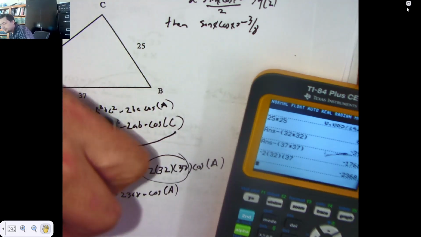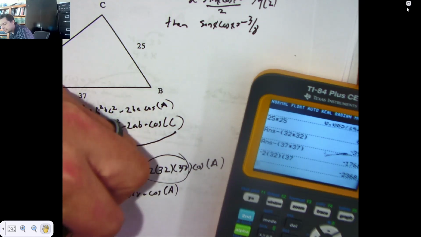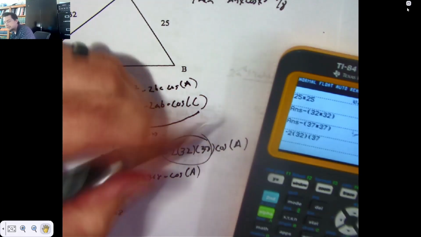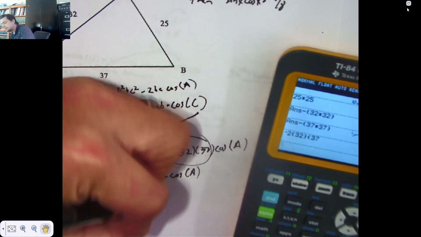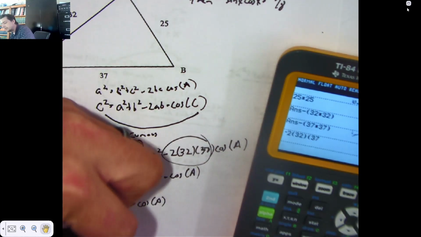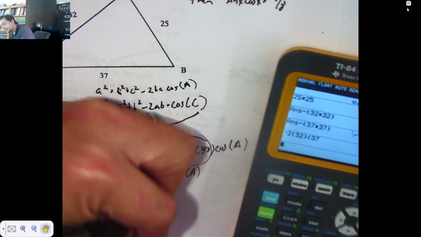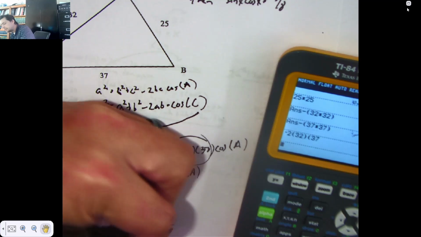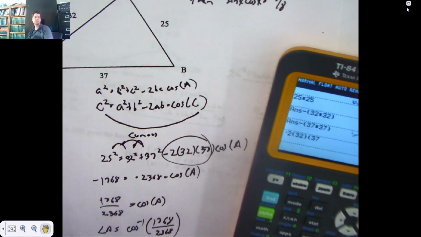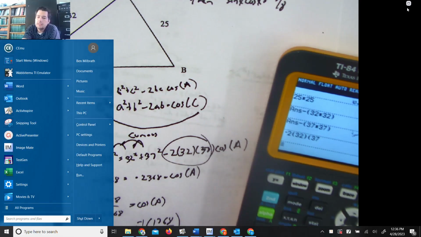So you'll divide out your 2368. I wouldn't expect them to ask you to simplify. But that is the cosine of angle A, so angle A would have to be the arc cosine of this ratio. That would be the reasonable expectation, and that would be the answer choice. Everything you can do without technology would be your answer choice. All right, that's the second one of these I've done.